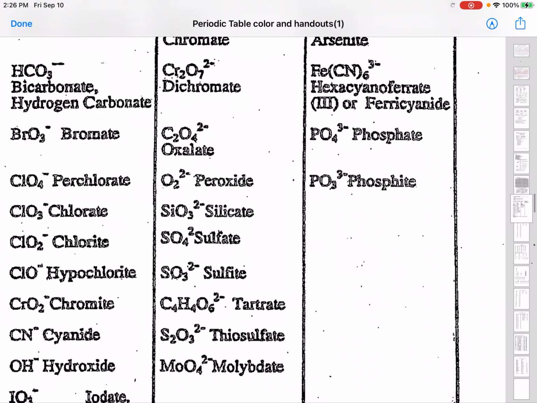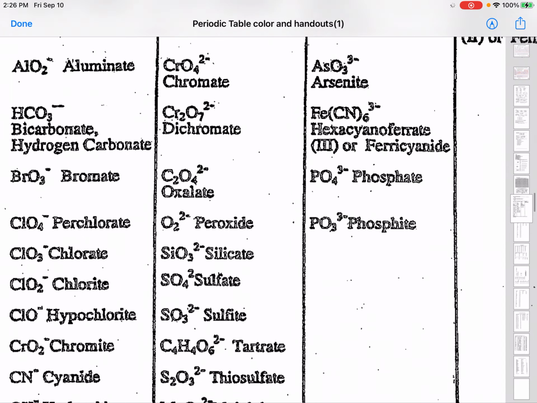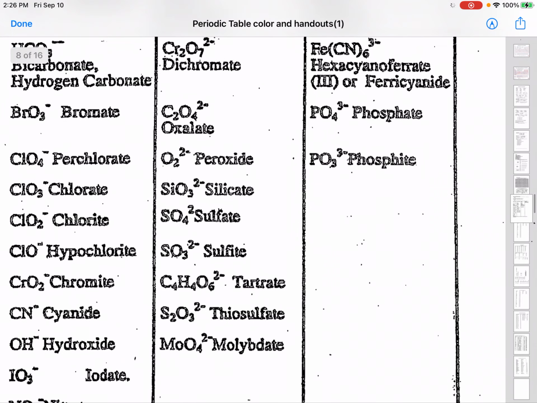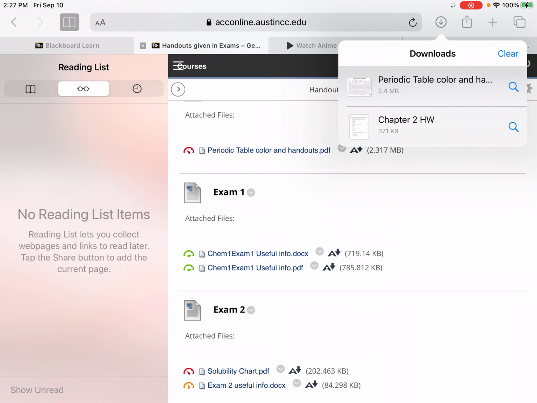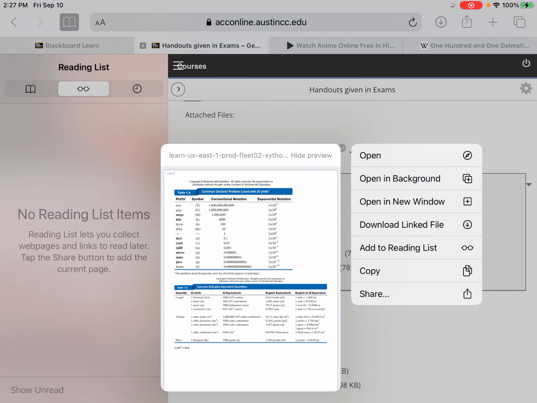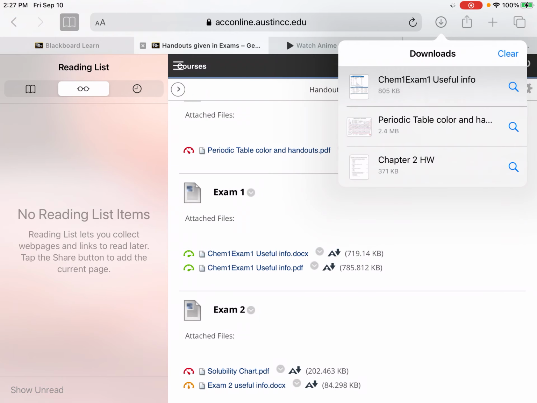The minus 2 is overlapped, but you just look at the column. The first column is all the anions: -1, second one -2, -3, and so on. So you can refer to this chart. Sulfate is -2, right? So this is one place that you can look up the polyatomic ions, and another place that you can use is this useful info, download linked file over here.